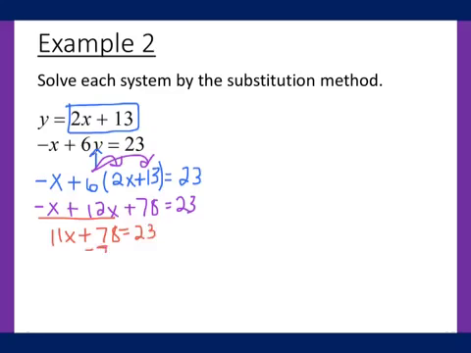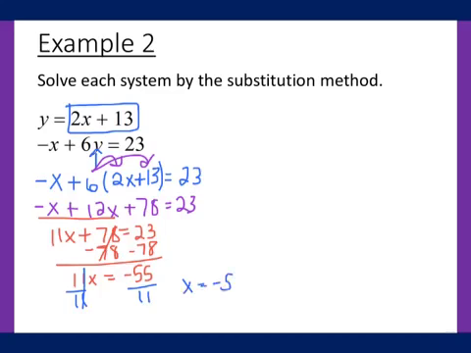And subtract 78 from both sides. So that 11x equals -55. Then all we have to do is divide by 11. We get x equals -5.